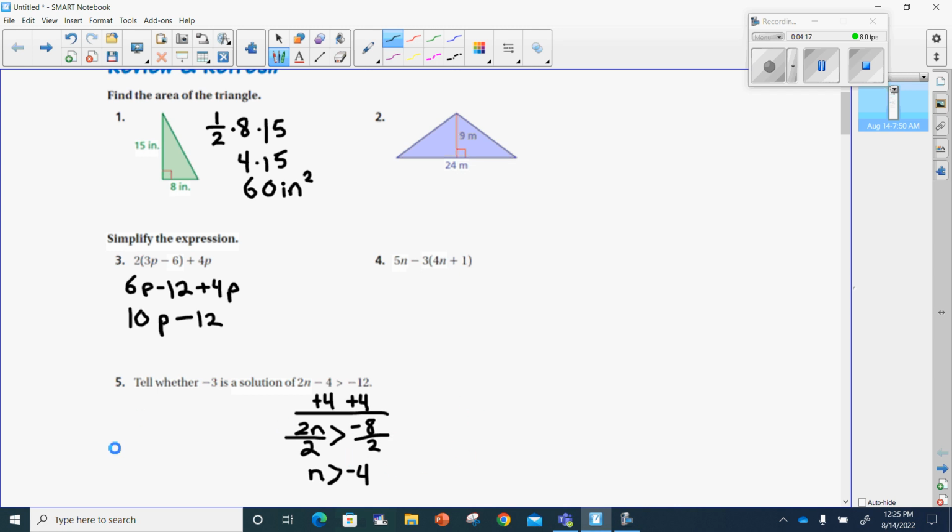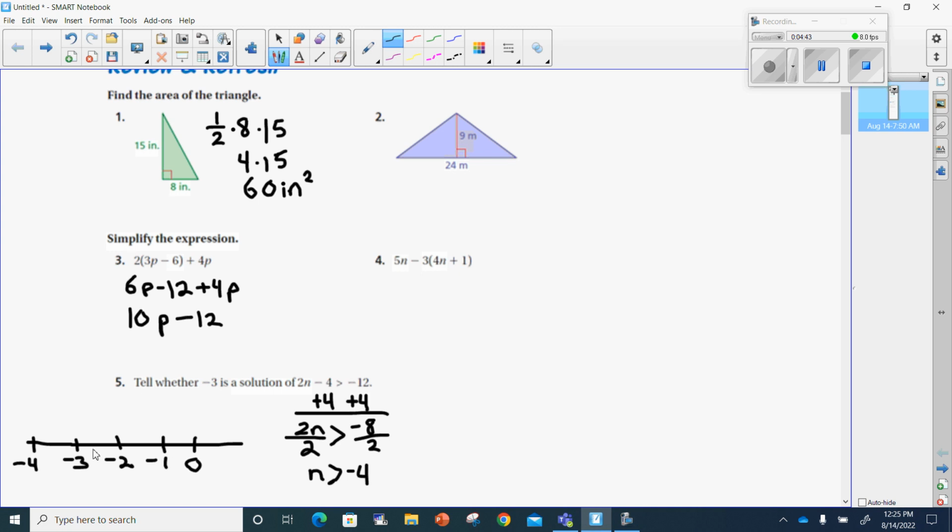If I look at the number line, and I say that this is 0, and I say this is -1, -2, -3, and then -4. Where would you say -3 is?